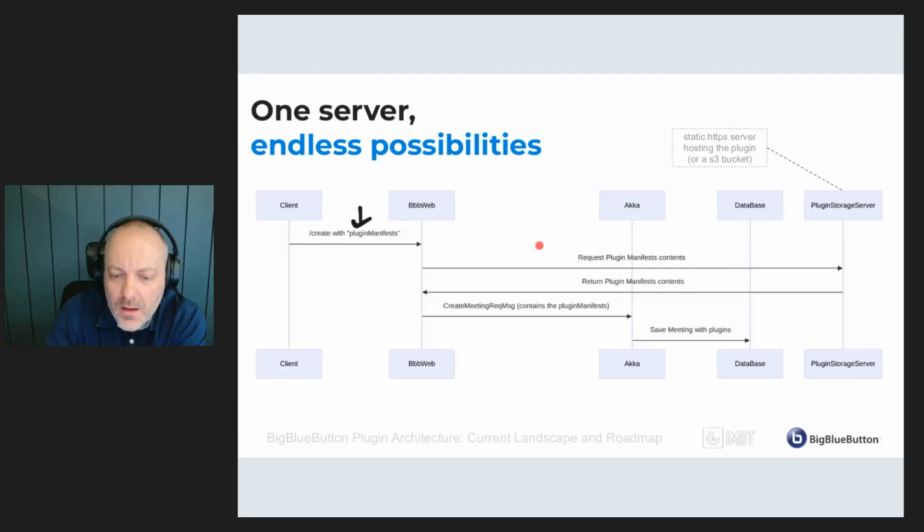This information is handled by several components of BigBlueButton, and this way we can have one single server or a single BigBlueButton cluster, several servers behaving as a single thing, and they don't need to be aware of the plugins that this third-party application will run into the meetings.